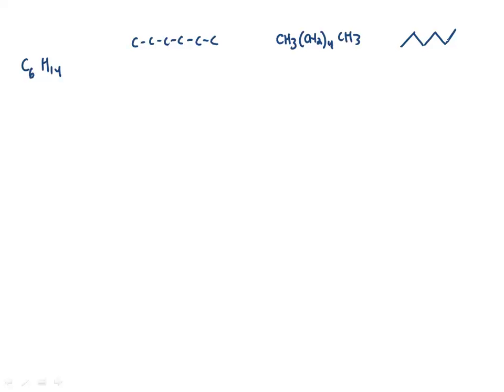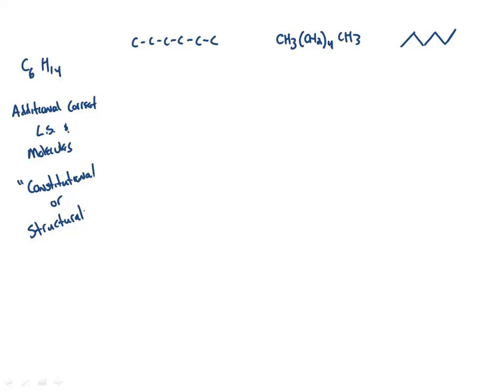But there are additional Lewis structures that we can draw for this molecule, additional correct Lewis structures and molecules. And we're going to call these, sometimes they're called constitutional or structural isomers.